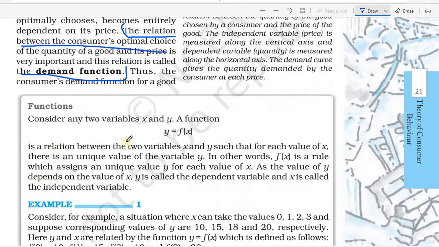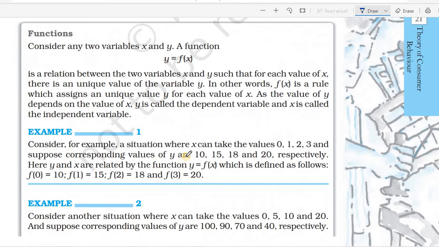Here we can take an example. Consider any two variables x and y, a function y equal to function of x. Means here it's showing the quantity is the function of price. Here you can see some values 0, 1, 2, 3, and suppose corresponding values of y are 10, 15, 18.